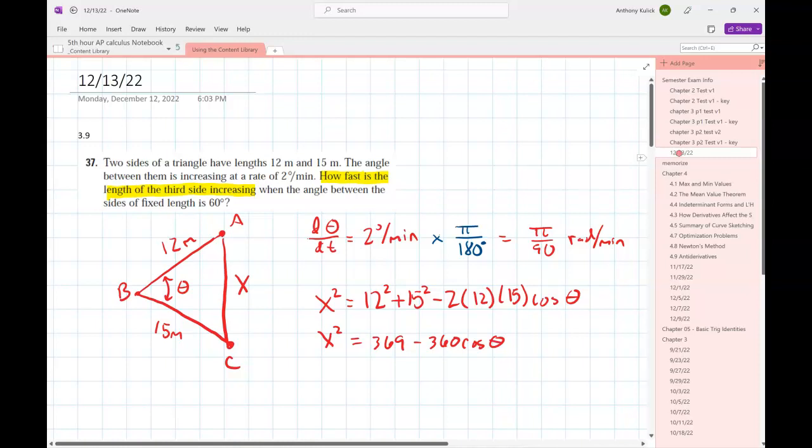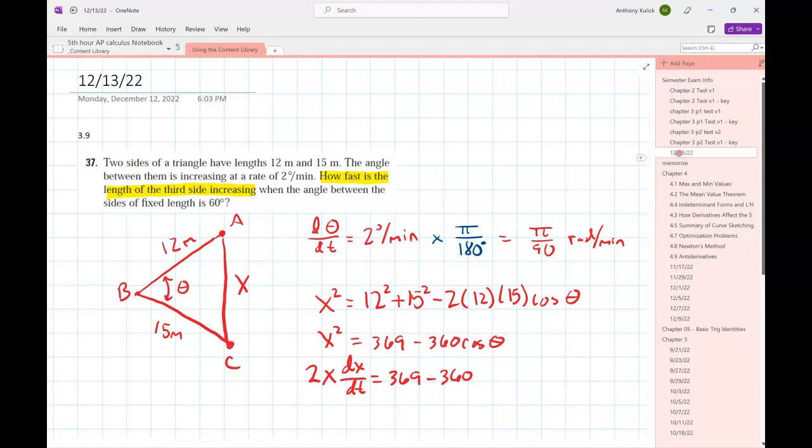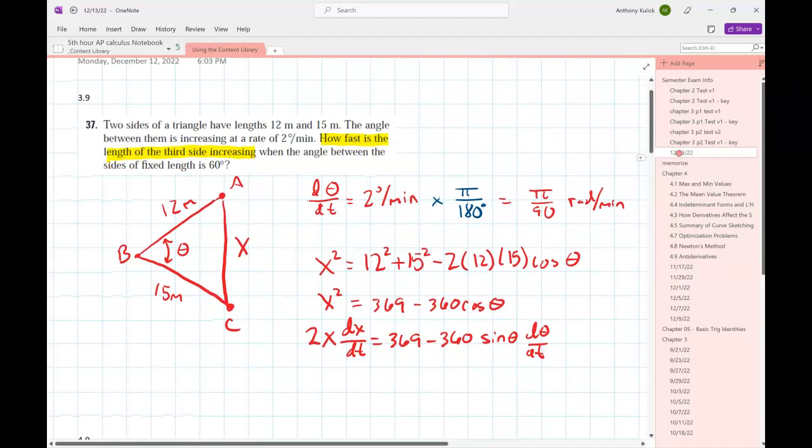I'm now going to differentiate. So I have 2x dx dt equals 369 minus 360 cosine, not cosine though, derivative of cosine is sine theta, and then d theta dt. Okay.